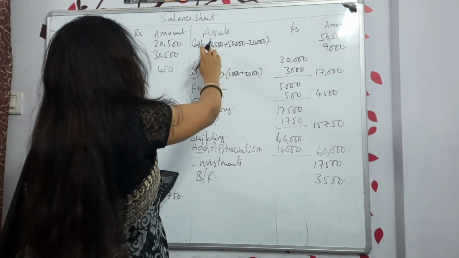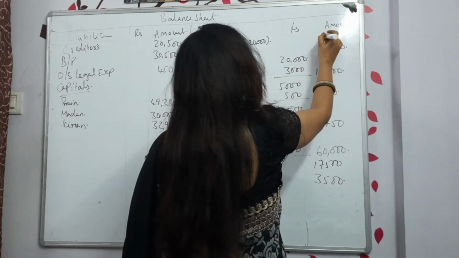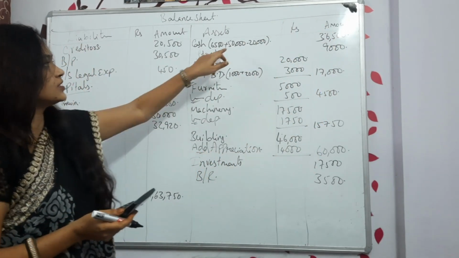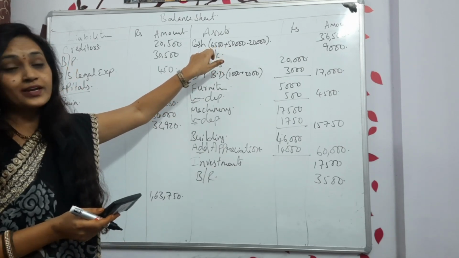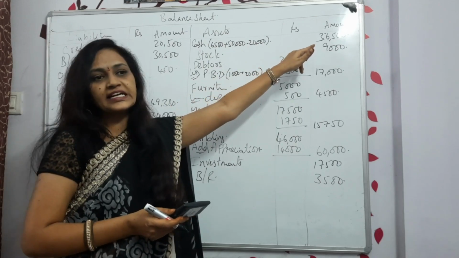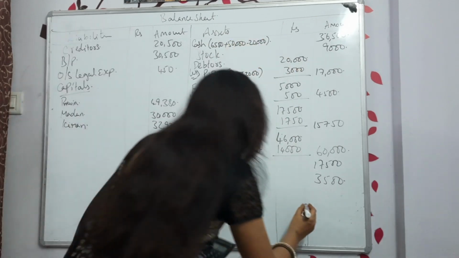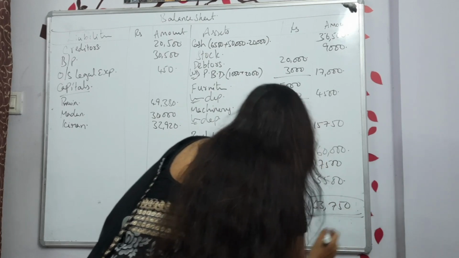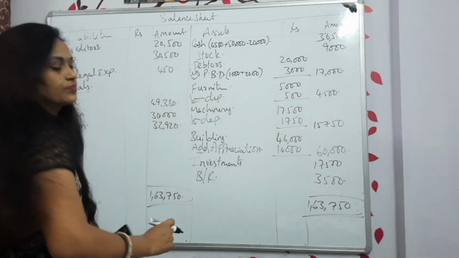Sorry, this one. When you subtract, you will get 36,500. I have added, right? 50,000 plus 6,500, 56,500 minus 20,000, you got 36,500. 1,63,750 is the total. Got it?